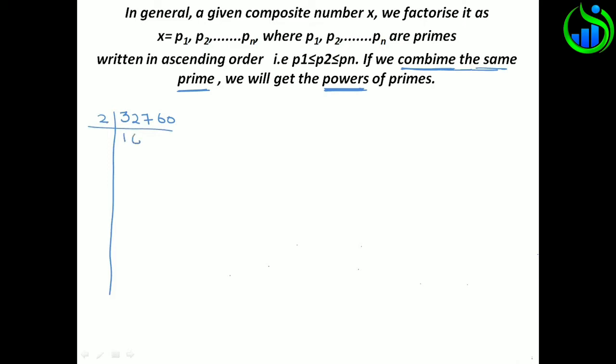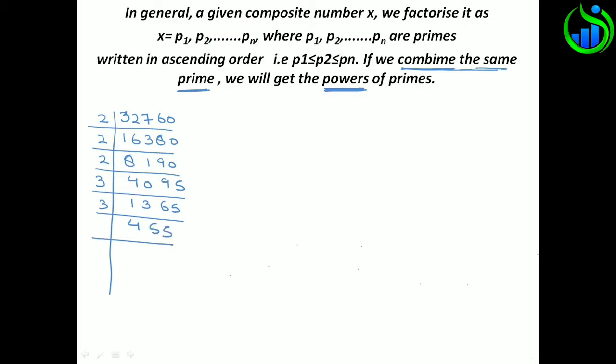Dividing by 2 repeatedly, 2 goes in three times. Then 3 goes in twice, 3 1 is 3, 3 3 is 9. Then 5 goes in once, 5 9s are 45.